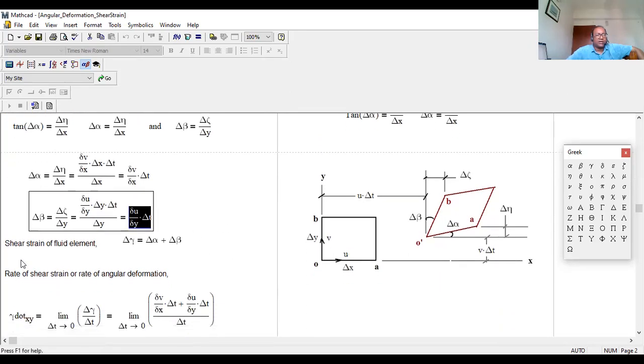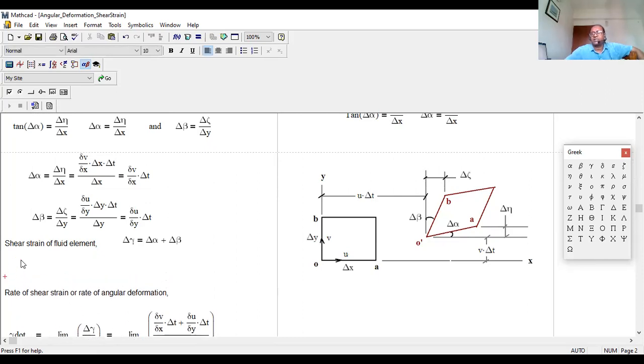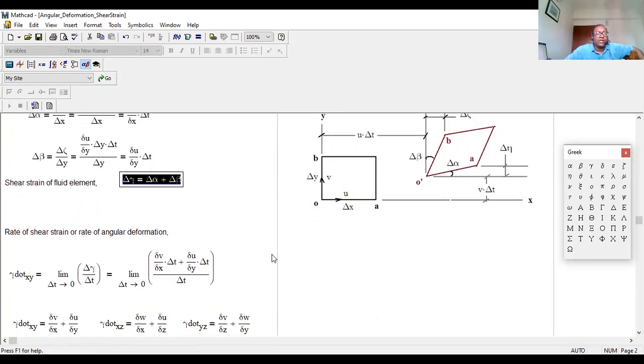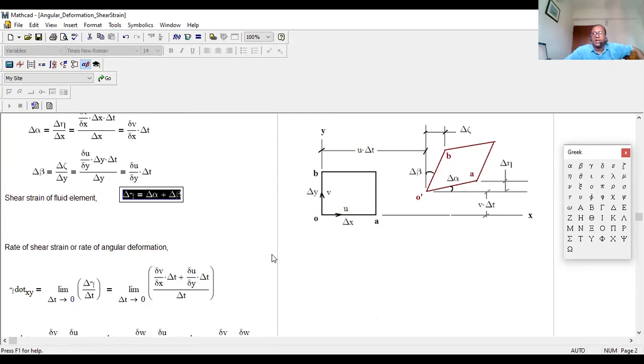So what is our total shear strain in the fluid element? Shear strain means angular deformation. So you need to add these two angles, del alpha plus del beta. This is the angular deformation, or shear strain. If this angle is gamma, you have to sum the del alpha deformation along the y direction and along the x direction.